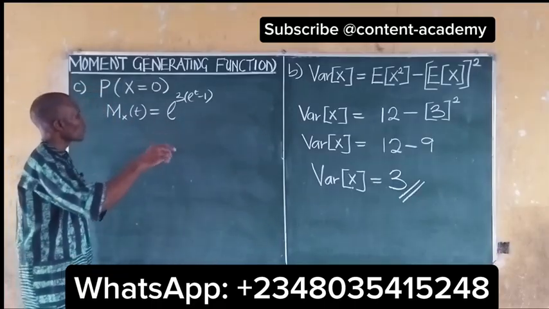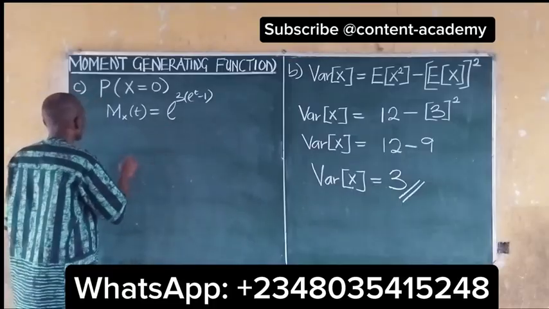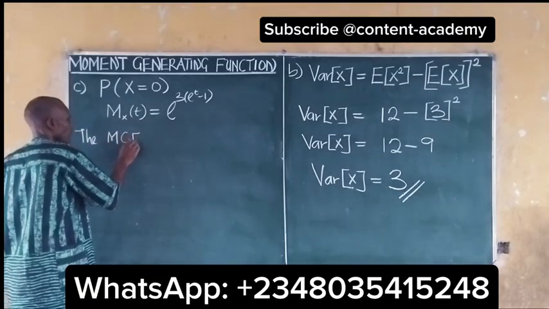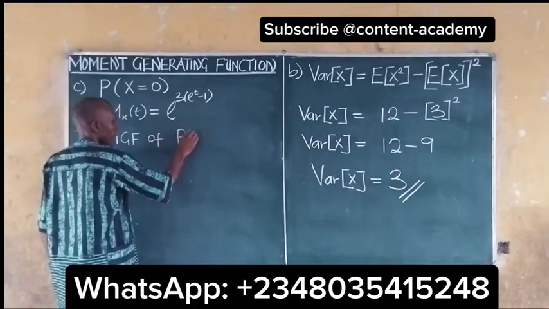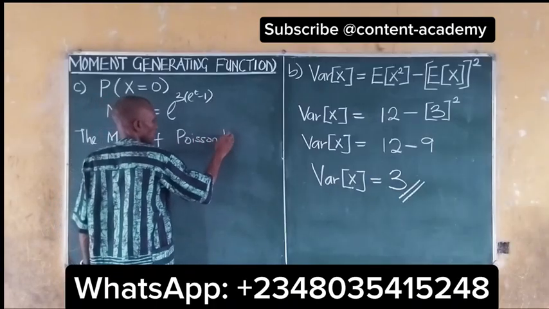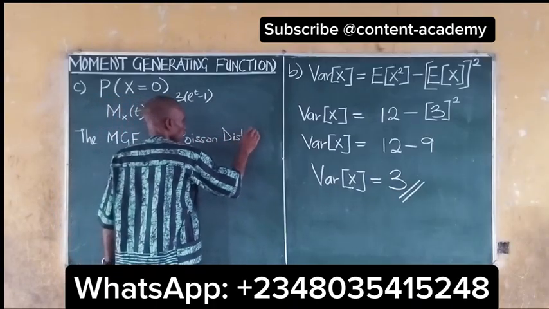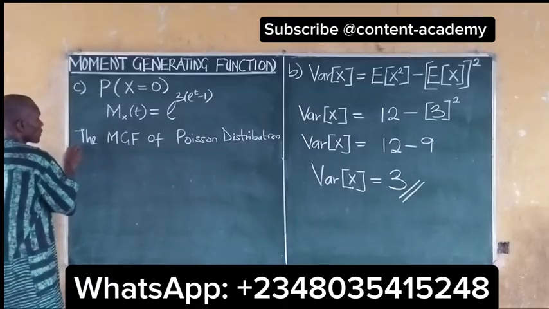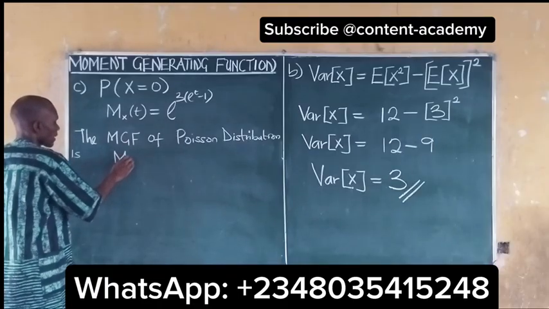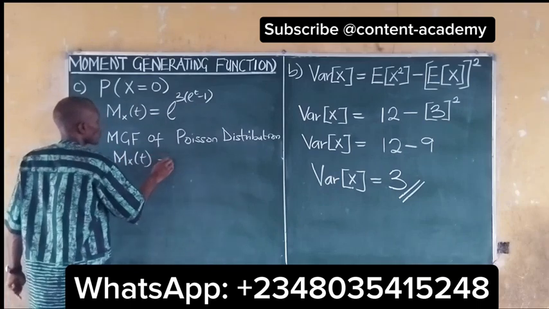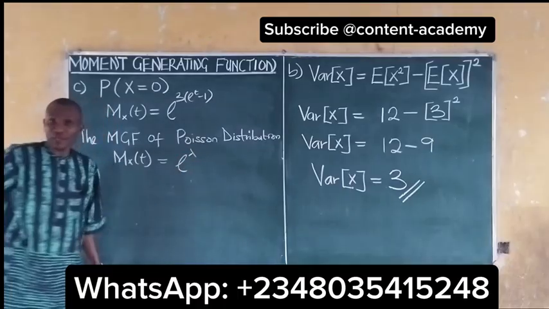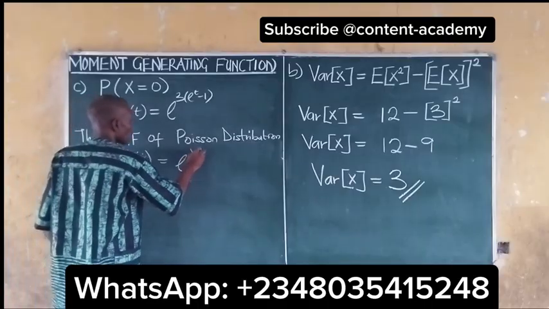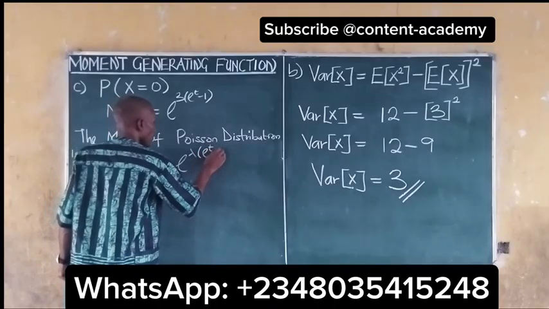If you want to compare it with the moment generating function of the Poisson distribution, we can write the MGF of the Poisson distribution as M equal to exponential lambda (e^t minus 1).